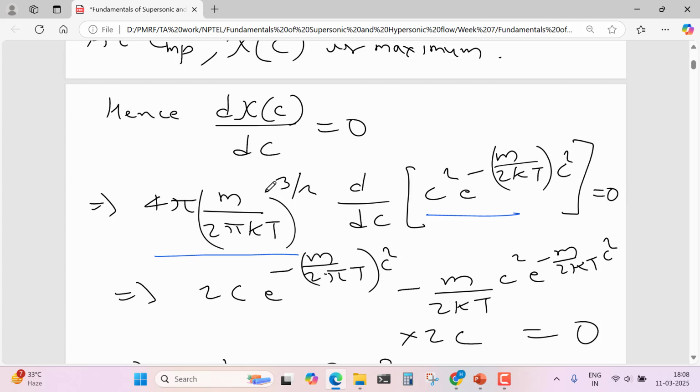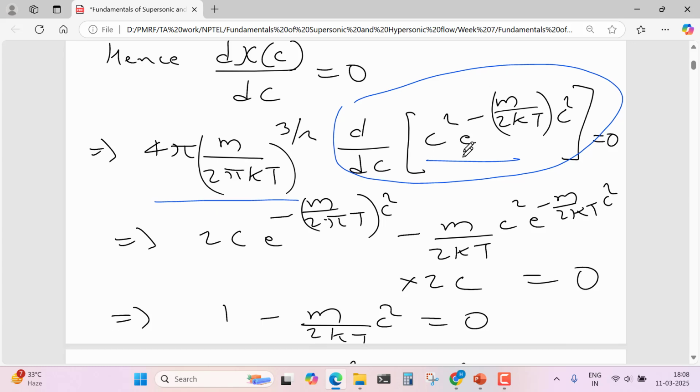So we have to find d by dc of c square e to the power minus m upon 2kT c square, which should be equal to 0.